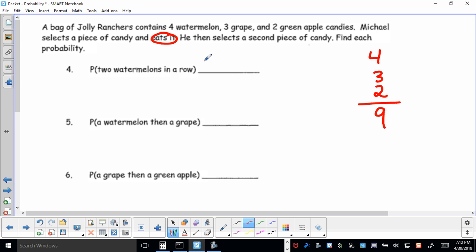Well, there are 4 watermelons, and there are 9 Jolly Ranchers. So Michael eats 1, draws a watermelon and eats it, so that leaves me 3 watermelon and 8 pieces of candy. So now we're going to reduce. And that's going to give me a 1 in 12 chance of getting 2 watermelon flavors in a row.